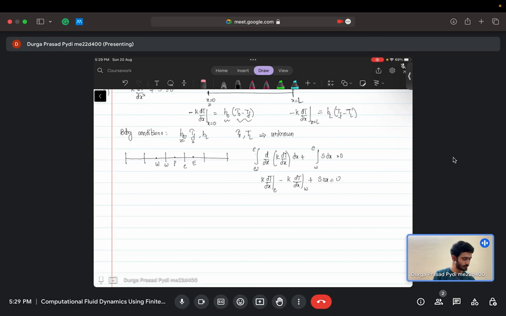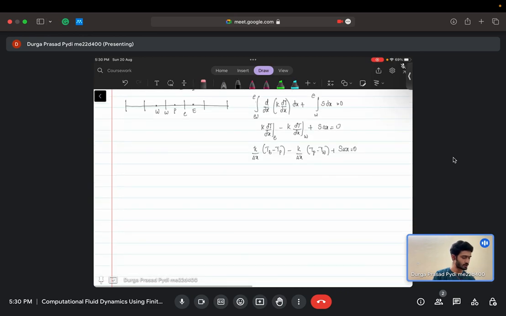If we take a linear approximation, this gives you k over delta x times (T east minus Tp) minus k over delta x times (Tp minus T west) plus S times delta x equal to 0. If you group the terms together, for the east coefficient we have k over delta x, for the west coefficient we again have k over delta x, and we have a constant term S times delta x.